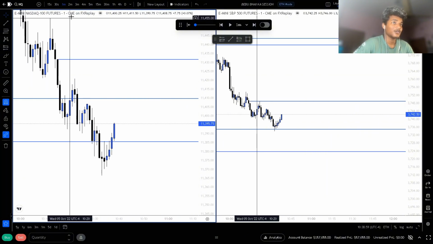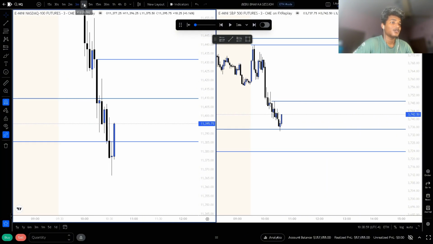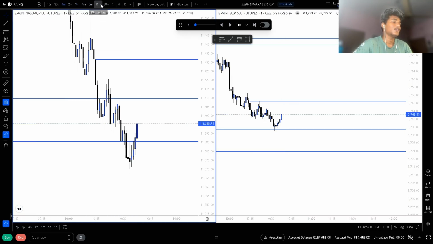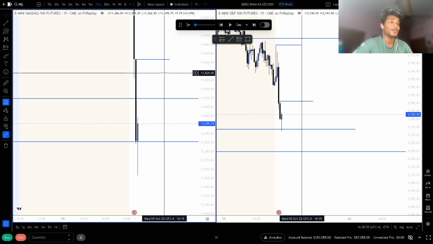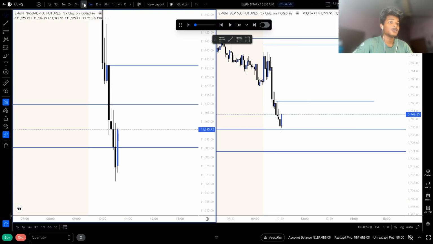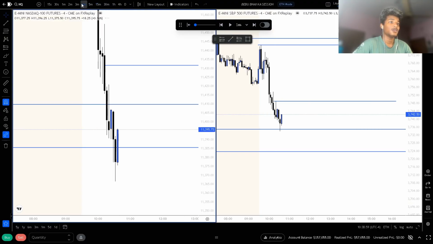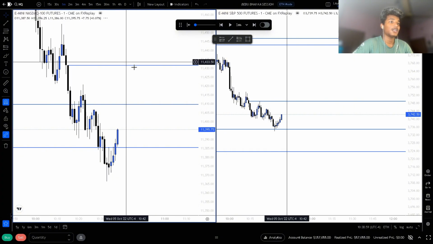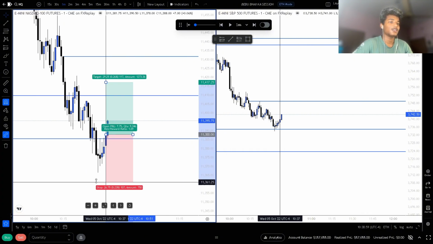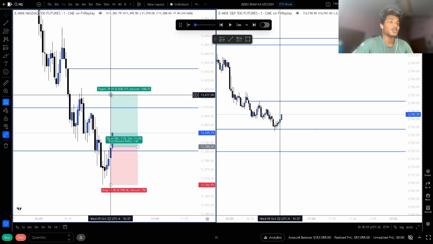Is this a nice long? No, we are just chopping in the 1 minute, but we are inside the hourly bullish gap, and the target is gonna be this 15-minute high. So I do think this is a very nice setup to take actually, but it's outside of my kill zone timing now, so I will not take that.